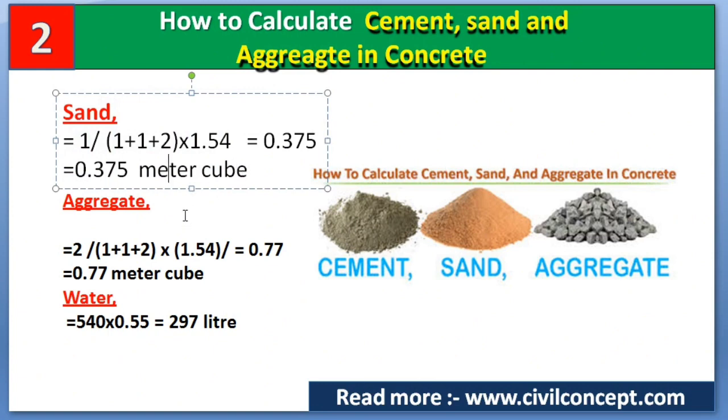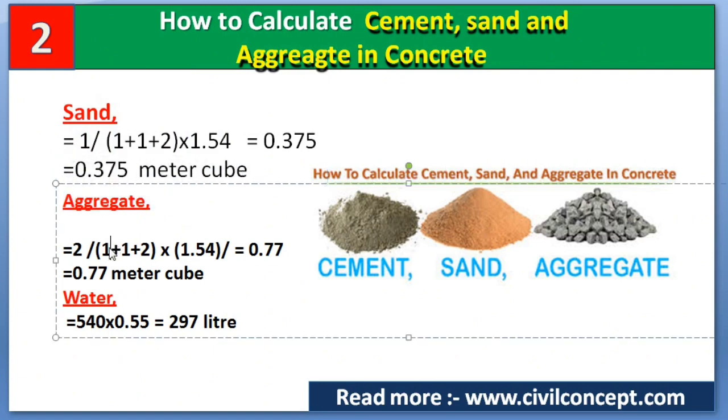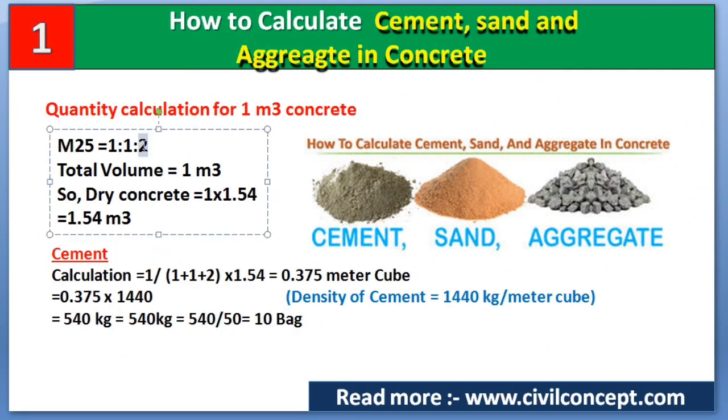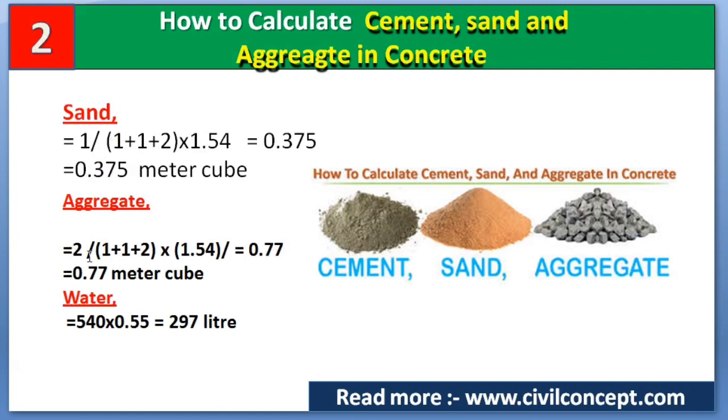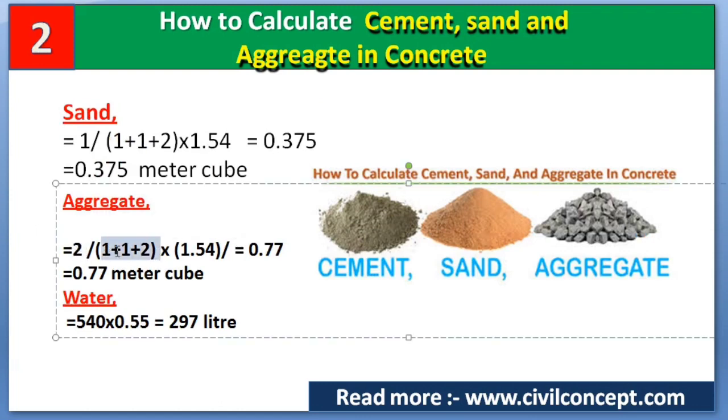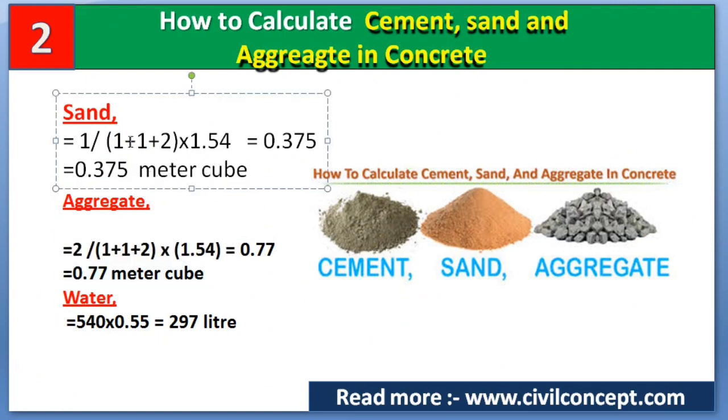Similarly for aggregate we apply the same formula, but here the part of aggregate is 2, so 2 divided by the total sum into the dry volume. After calculating, we will get 0.77 meter cube. We generally get sand and aggregate in meter cube, so we will not convert it into kg.